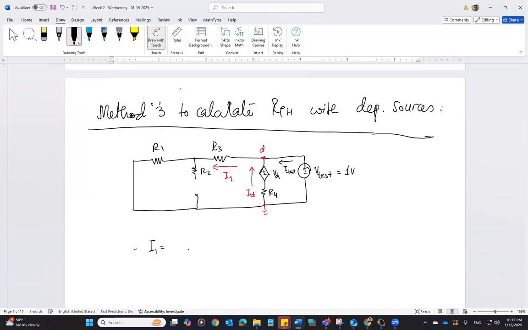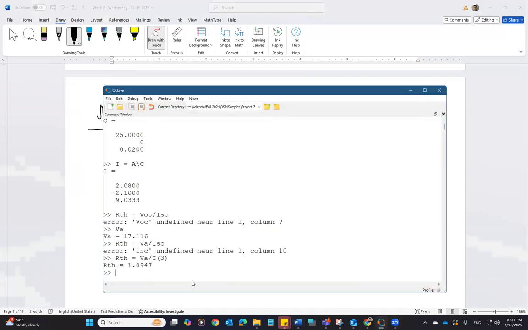I1 equals VD over R1 plus R3. So VD is V test over R1 plus R3. V test is equal to 1.